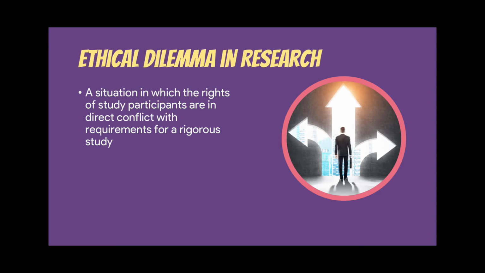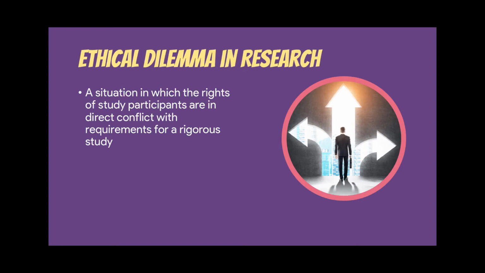Majority of the procedures that we make use of in social research will involve human respondents, subjects, or participants. Whether you are conducting a survey, you are doing an interview, or you are doing participant observation, there are going to be people who you're going to be collecting data from, whether that's primary or secondary data.